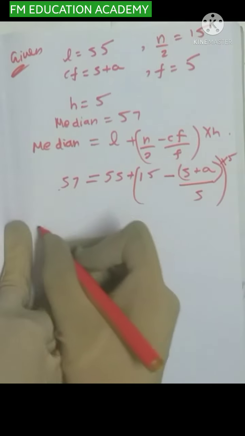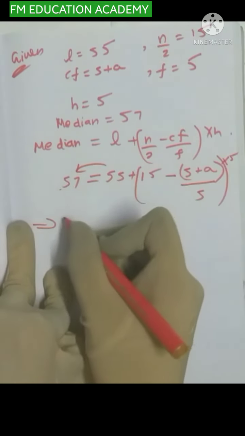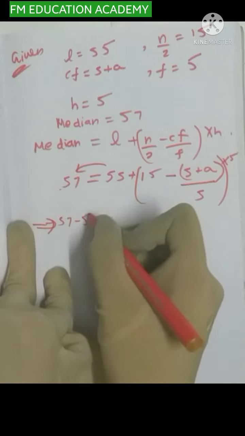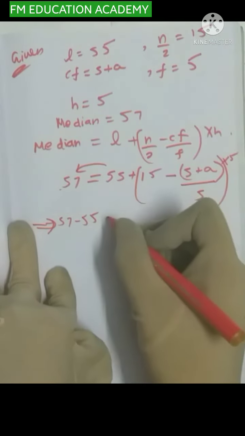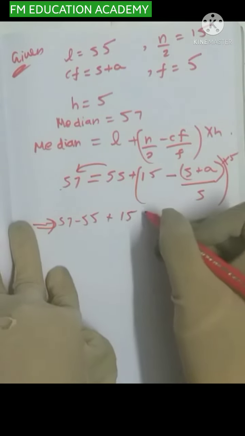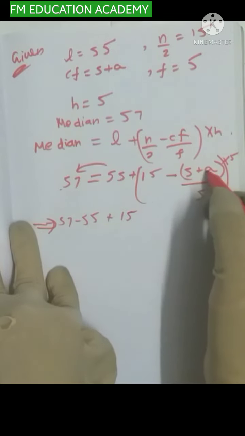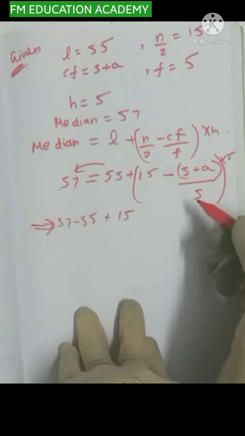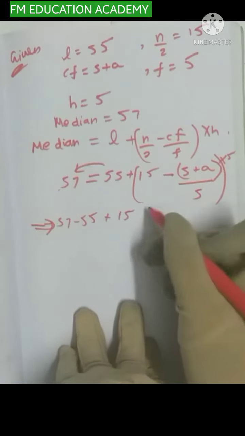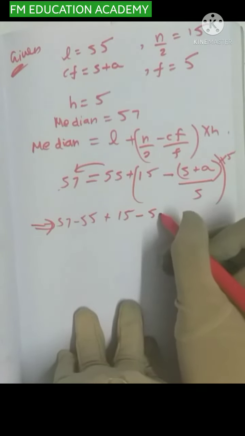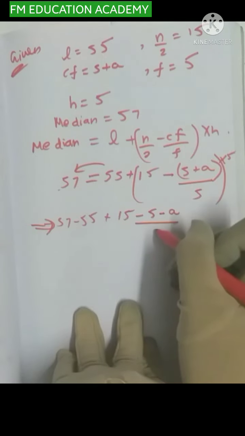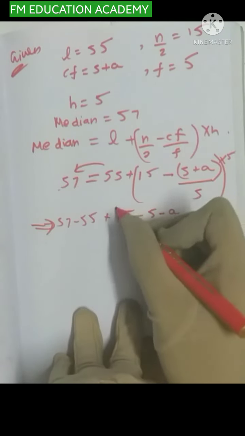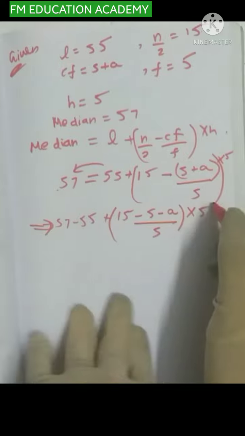So sending 55 to that side, it becomes 57 minus 55 equals 15 minus 5 plus A by 5, into 5.